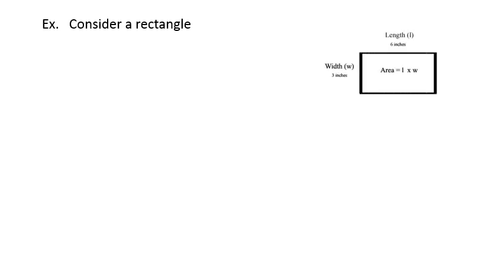Let us see the next example. Consider any rectangular surface. We know that the area of a rectangle equals length into breadth, so the area depends on its length and breadth.